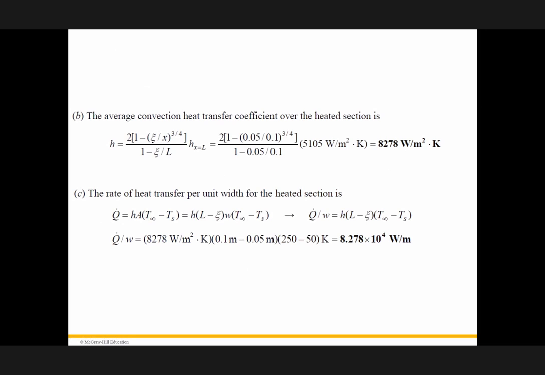Any question? Please read the problem. If you have the textbook, look at the textbook, read the problem, try to understand the problem, and if you have any question, ask. And when you are done, let me know so that I go to the next slide.